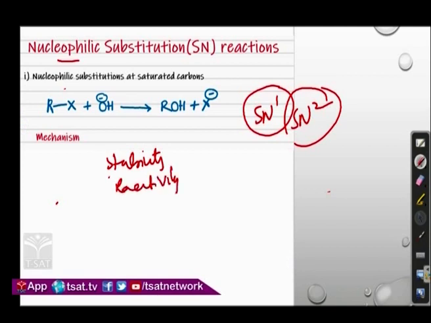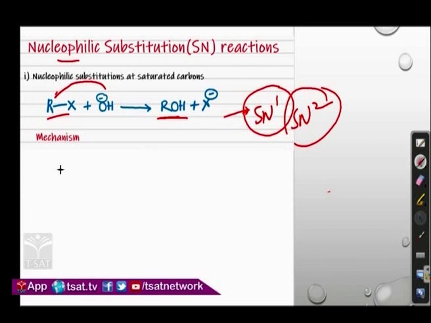These are the two conditions that govern whether the reaction moves in the SN1 or SN2 direction. So don't directly estimate whether it could be SN1 or SN2. Just follow the stability pattern and reactivity pattern, and you will understand finally what the reaction condition could be. Basically, when a starting material is exposed to a nucleophile, the nucleophile replaces, and the other nucleophile attaches, so that the product is formed.